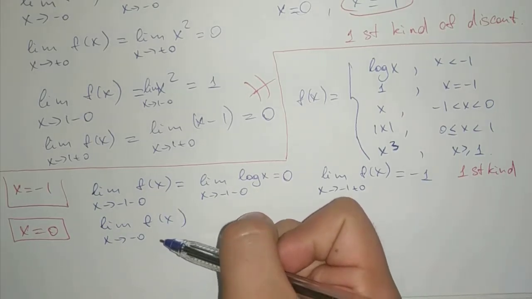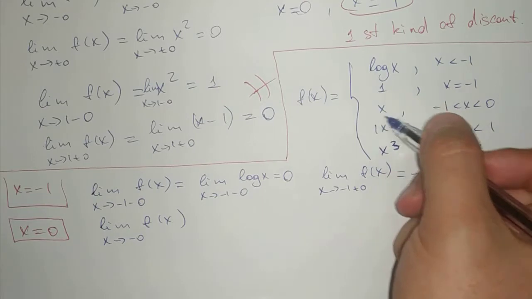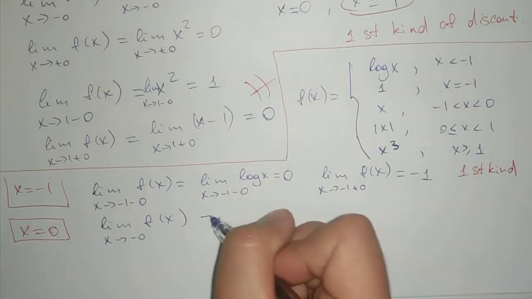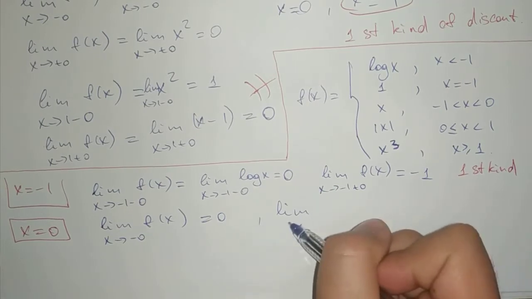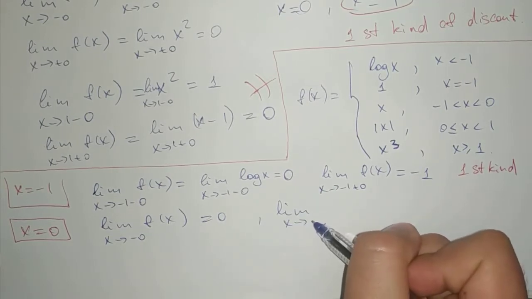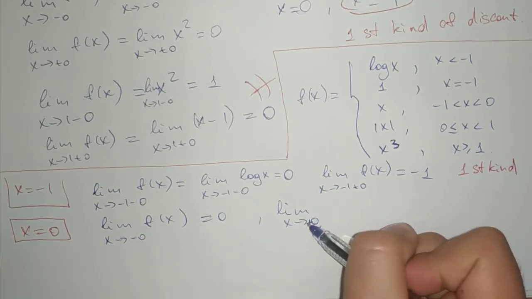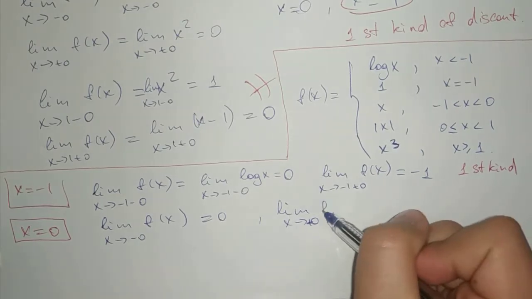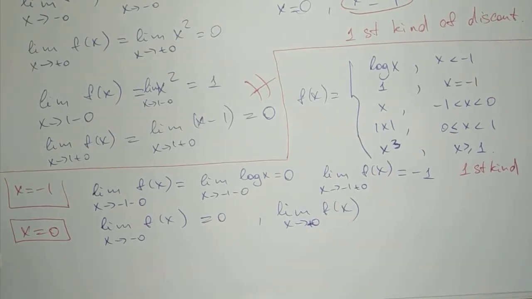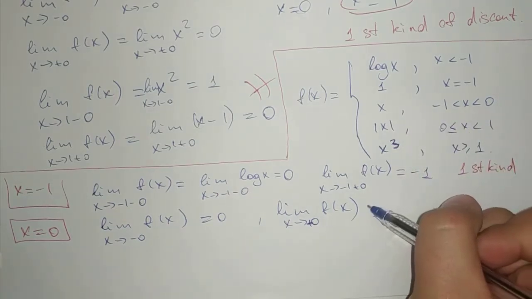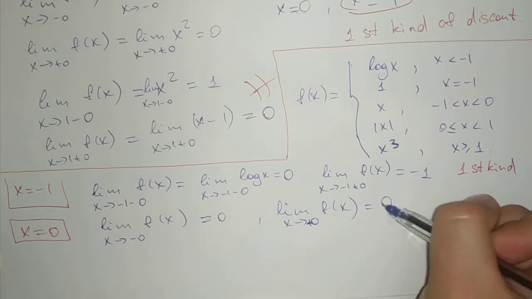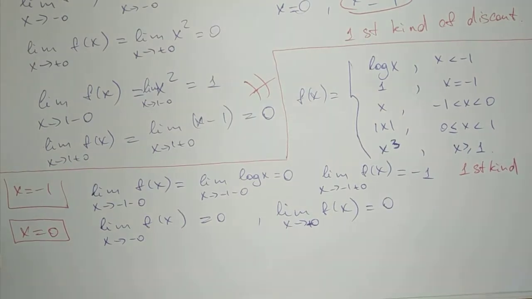So the left limit is just 0, because here it is just x, so it is 0. And next one, it is the right side limit at +0 of f of x. And the right side limit, it is the absolute value of x, so it's again 0. It is again 0.